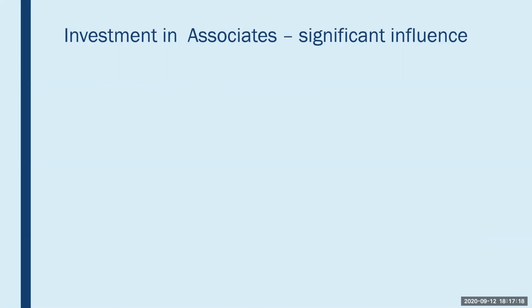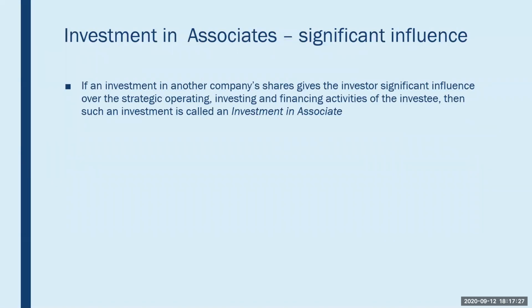So investments in associates indicates the existence of significant influence. If an investment in another company's shares gives the investor significant influence over the strategic, operating, investing, and financing activities of the investee, then we call that investment an investment in associate.